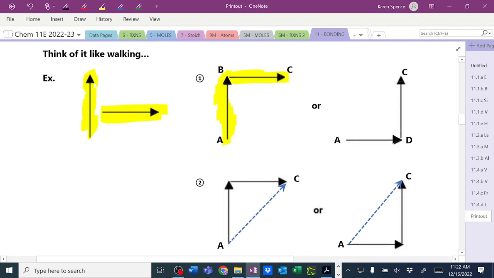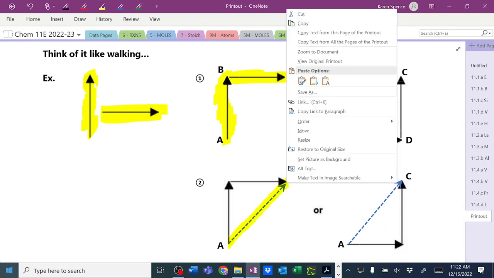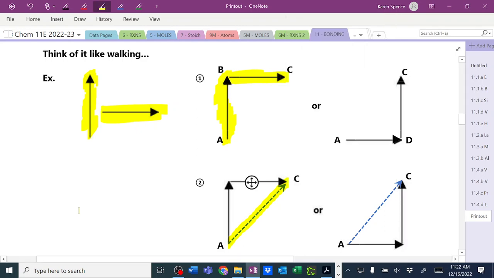So my resultant will be A to C, because that is the same as walking from A to B and then B to C. So if I had a force pushing up and pushing to the right, what would the net result be? Diagonal, yes? It's pushing up and to the right, and that's what we see here. We see that lovely little diagonal force.